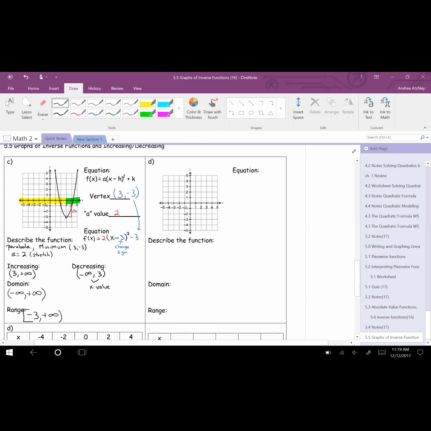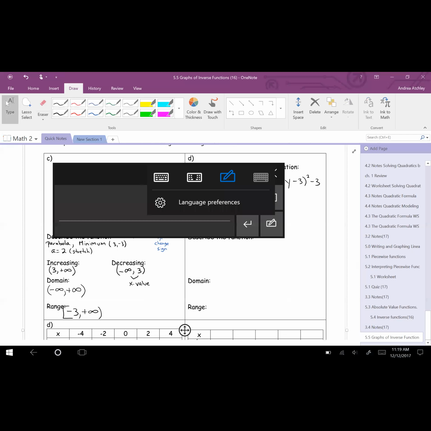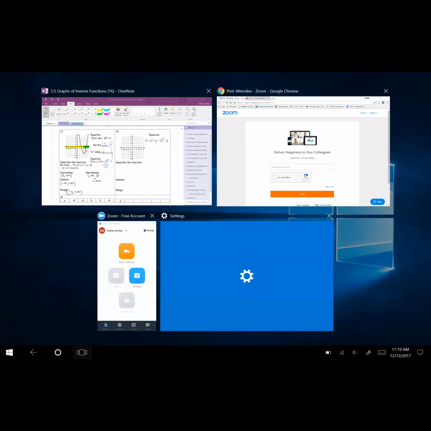Now for D, we want to take the original function and find the inverse. So I'm going to replace the x and y with my equation that I wrote here. So it's going to be 2 times, not x, y now, y minus 3 squared minus 3. Okay, I'm going to solve for y.